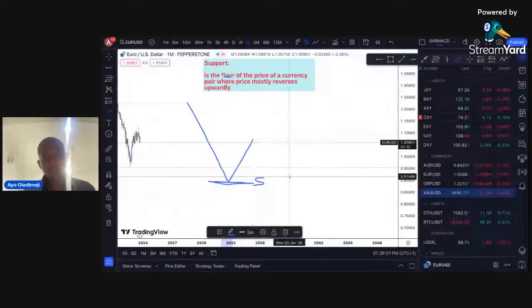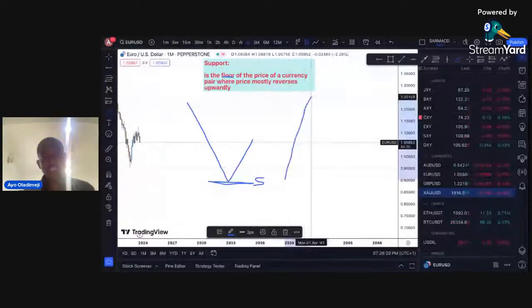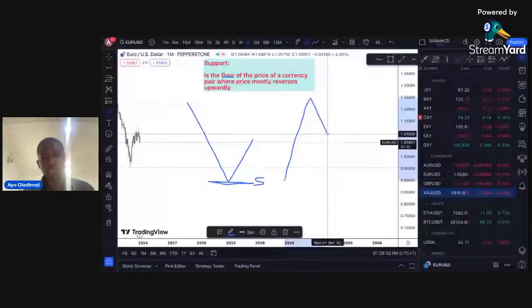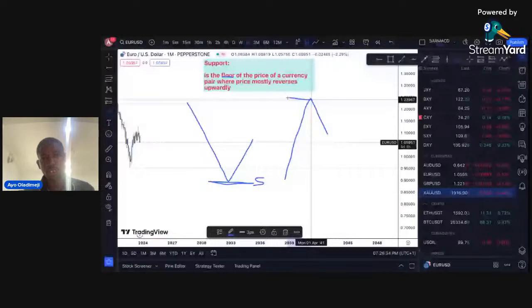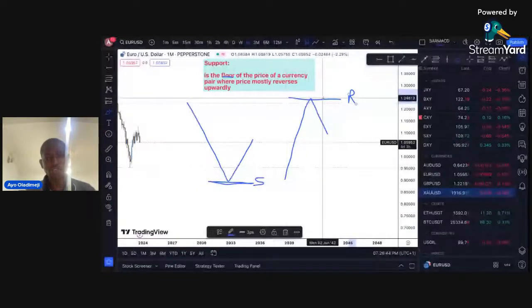Now, the opposite one is called the resistance. Here you also see price bounces back or reverses downward. Price hits a level, it is resisted, and it begins to come down. So this is a resistance.